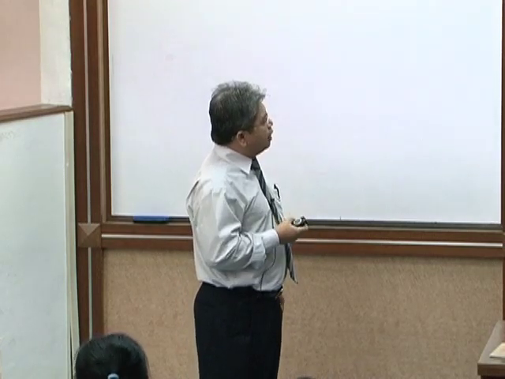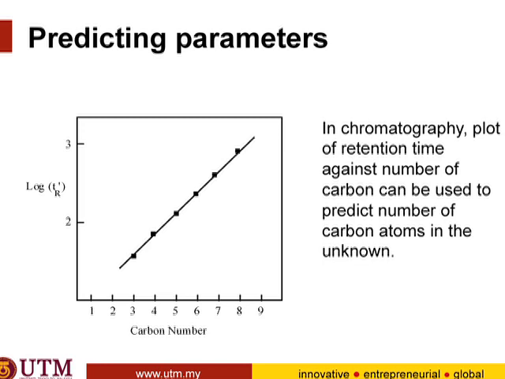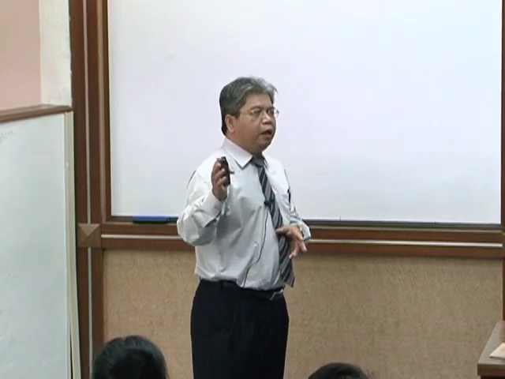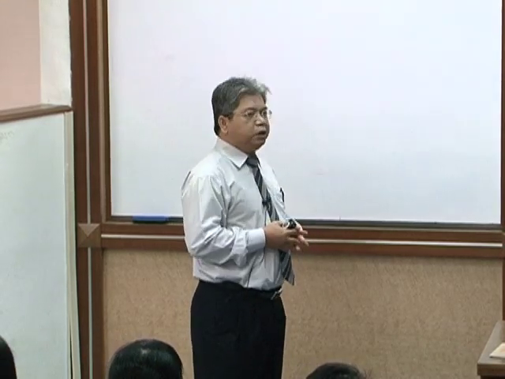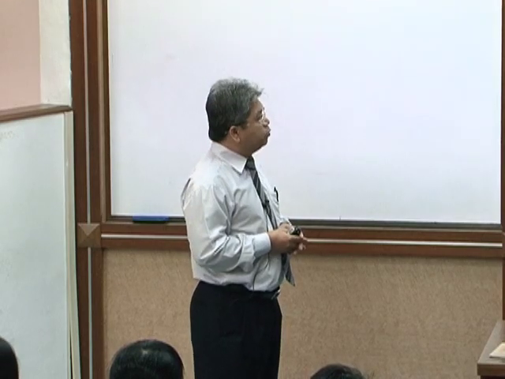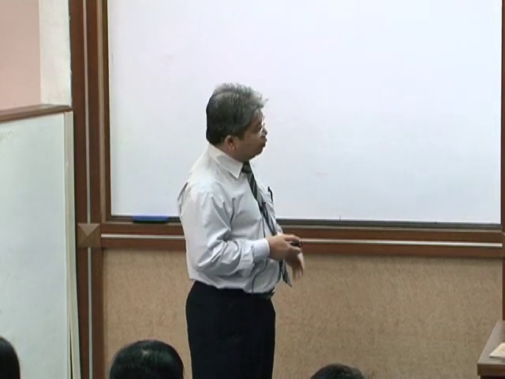And the last example, we can use a straight line relationship to predict certain parameters which cannot otherwise be predicted or observed using the usual condition. Let's say we have a compound and we want to determine the identity of that compound using a chromatographic method.